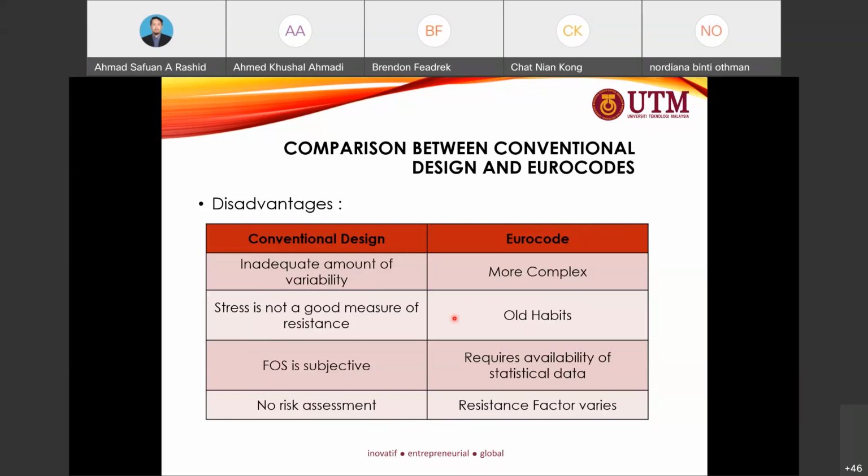However, it can provide more confidence for the designer, because at the end, our aim is to provide a very safe design. That's why we need a very thorough analysis, including all the variables that we may include in the design, and all the partial factors of safety. So that's why the Eurocode is more complicated and complex.